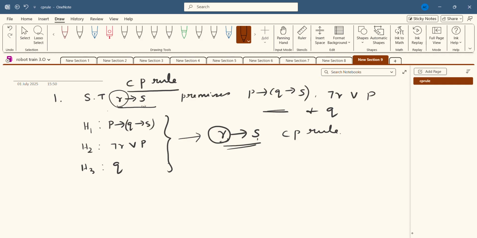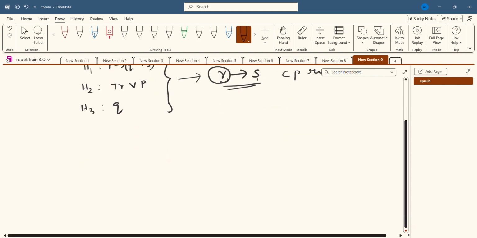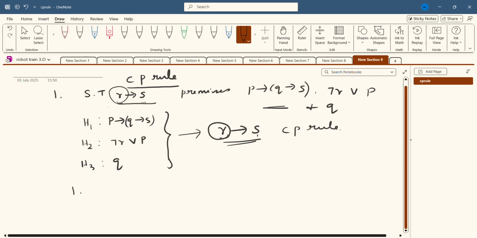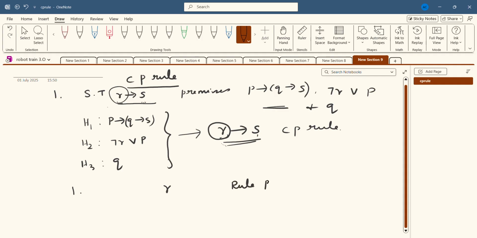We are going to use CP rule. First I am going to introduce the additional premise, which here is R. So I introduce the premise R in the derivation and write rule P, with additional premise within brackets. Why do I write the additional premise?